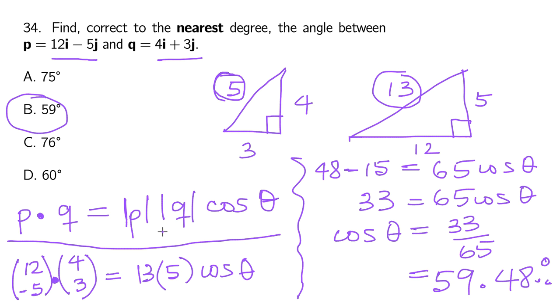Now, I said that these numbers should ring a bell. If they didn't ring a bell, you don't have to give up. You can still find the magnitude. The magnitude of a vector when you're given the components is just the square root of the x component squared plus the y component squared.